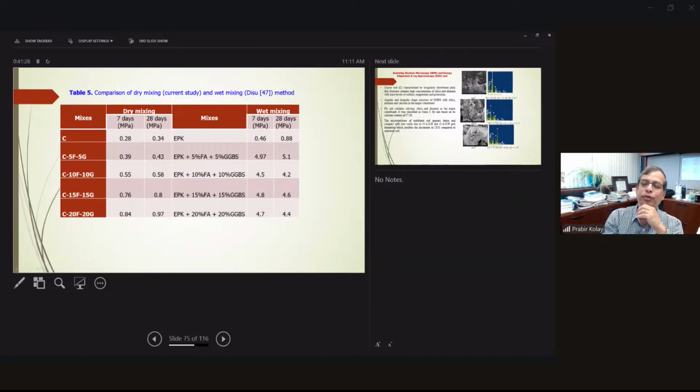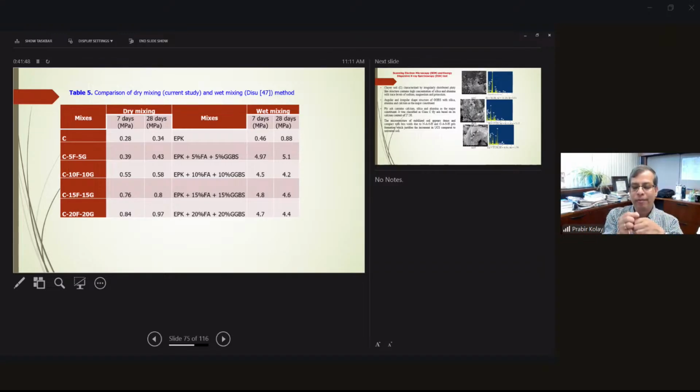Okay? Because in the dry mixing we used only the heat from the NaOH, right? So maybe the mixing is not proper. In wet mixing, we use the sodium hydroxide and sodium silicate in solution, and then mix with the clay and the stabilizer, so the mixing is much more proper.